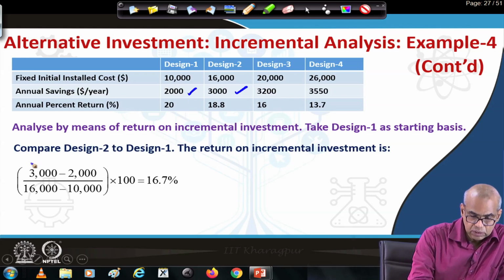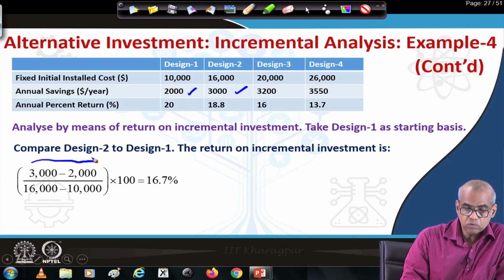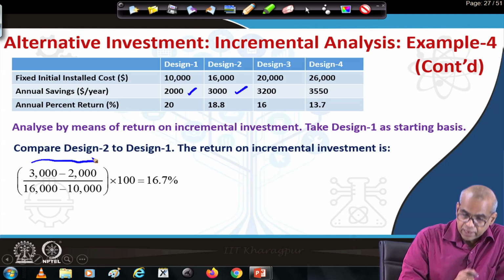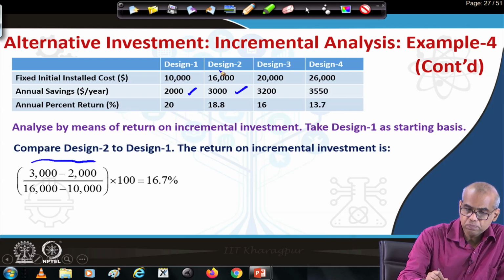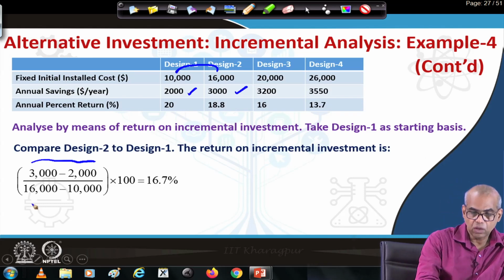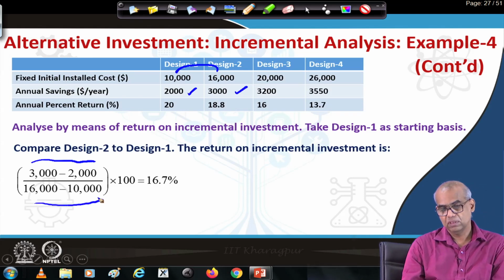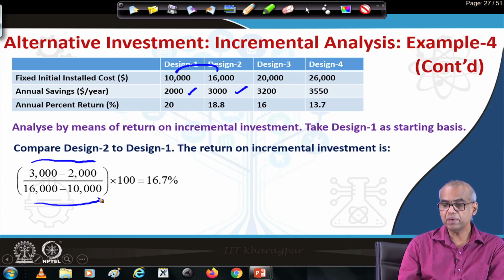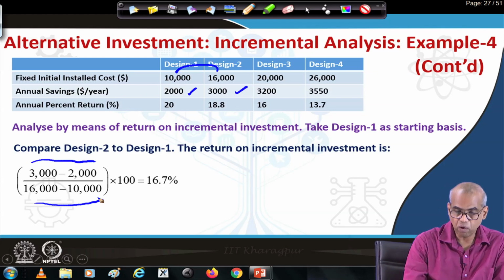So, the extra saving is 1,000, which is 3,000 minus 2,000, and that comes at an expense of 16,000 minus 10,000. So, the return on incremental investment is 16.7%.